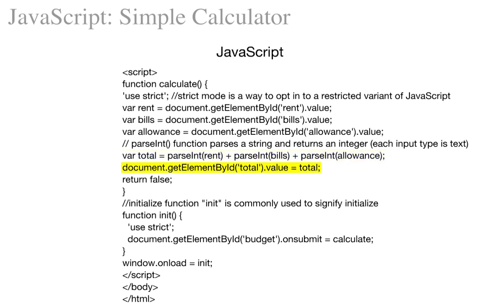Finally, I drill down to the total text input in the form and pass it the variable value of total. I use the initialize function to tell the form that when the submit button is released, the calculate function is executed. And lastly, the initialize function is made available once the page is loaded.